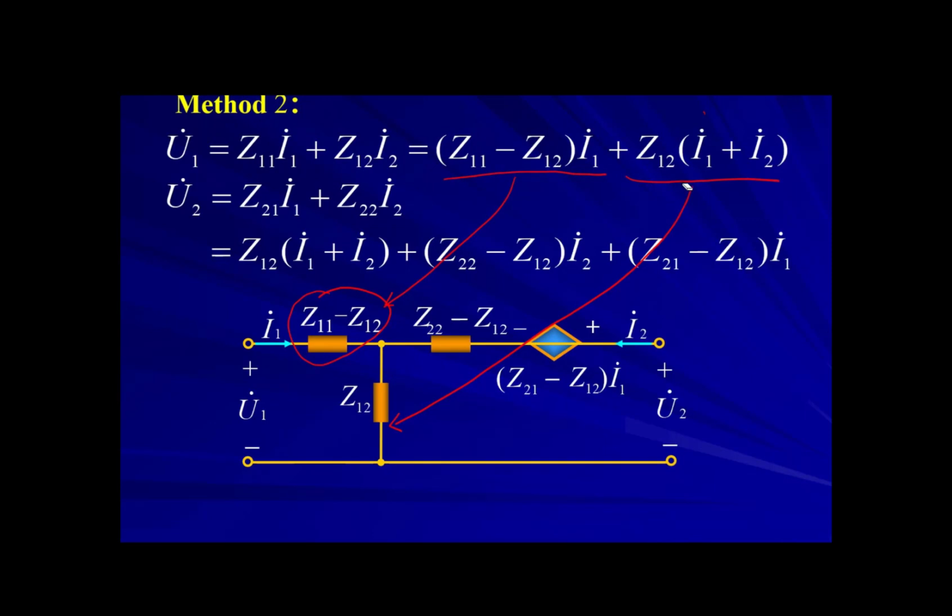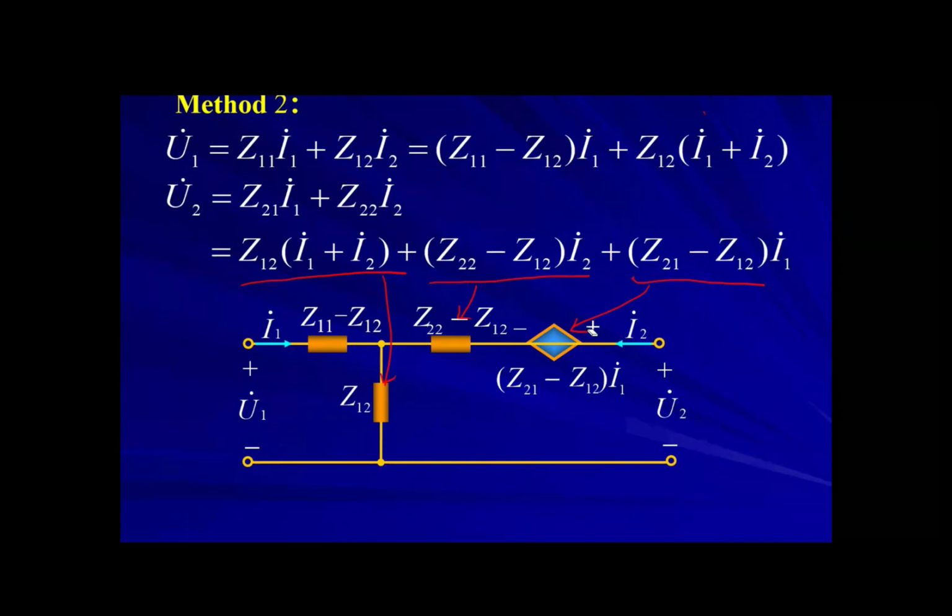So the second part means this impedance voltage. The first part, Z11 minus Z12, means this part voltage. For U2, Z12 times I1 plus I2 is this part. Z22 minus Z12 times I2 is this part. Z21 minus Z12 times I1 is this dependent source.